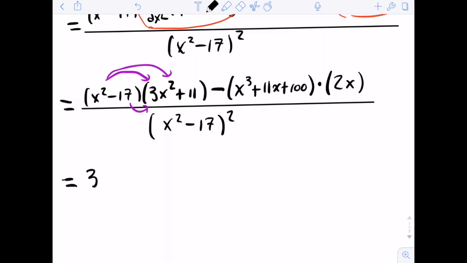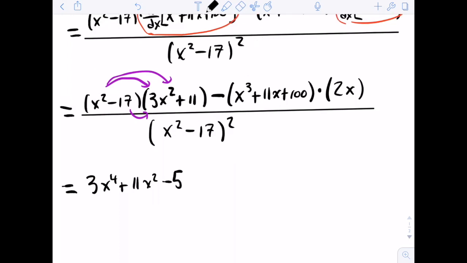So you've got 3x to the 4 plus 11x squared minus 51, not 15, 51 x squared minus 187.